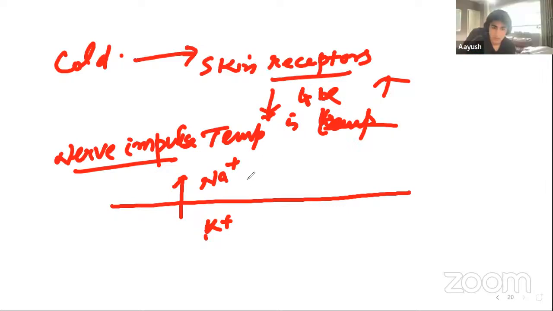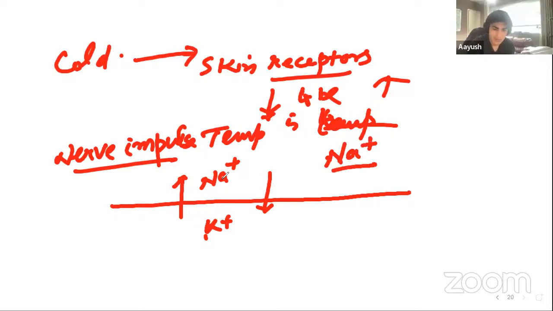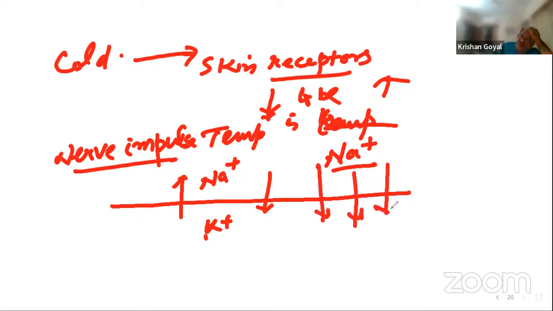Potassium will go out, sodium will come inside. If we increase the sodium ions, the sodium level increases in the body. It does not mean that they will stop going inside. They will increase more and more. Oh, okay, that makes sense, because there's less inside the membrane. Yes, inside the membrane. Got it?